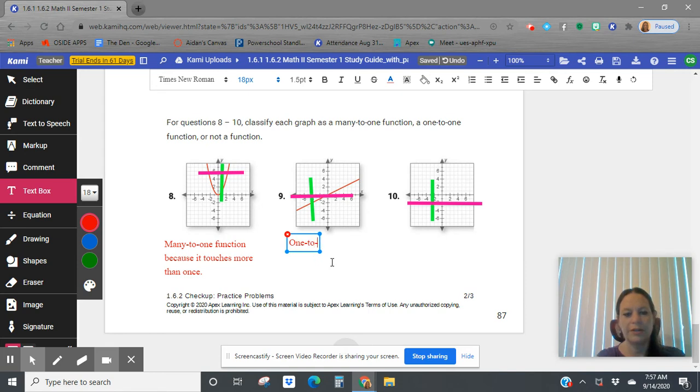One-to-one function because it only touches once.